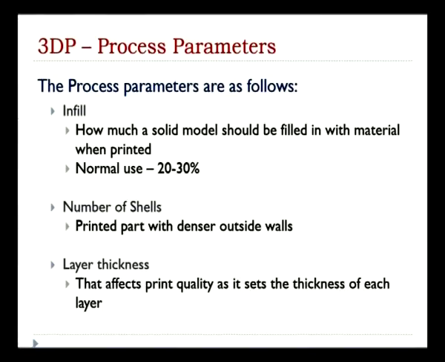The advantage is that it won't allow the material to expand or spread to the nearby powder, right? That's a major advantage. That's why I prefer to print a denser outline, the outside wall, followed by layer thickness.